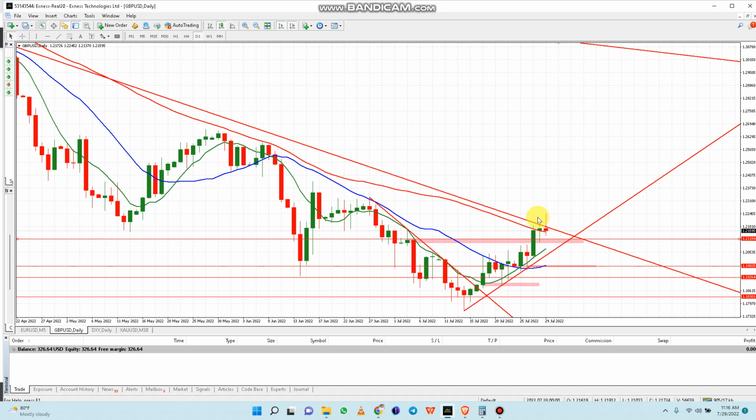If you watch the video on candlestick patterns, you discover that I told you when you see a long wick like this, it means there's a rejection. So this signals to us that there are lots of sellers at this zone here. All right, so we should be careful. Even though we're still on an uptrend, we should be careful when placing buys. Wait for it to come back to a significant zone before you take a buy.